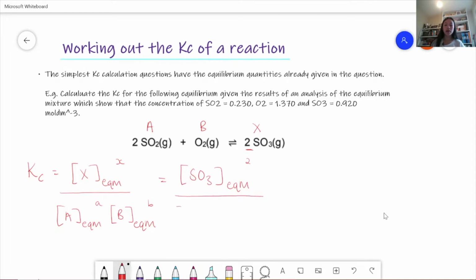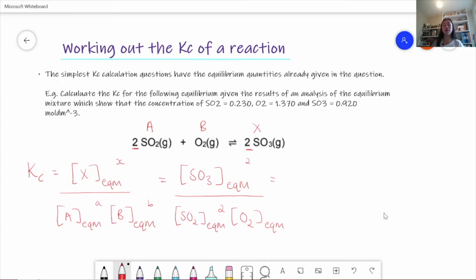And then on the bottom we'll have SO2, the concentration of it at equilibrium, and multiply that by how many moles of it we have, and then multiply that by the concentration of oxygen at equilibrium, and the moles of that is just 1, so there's no power.